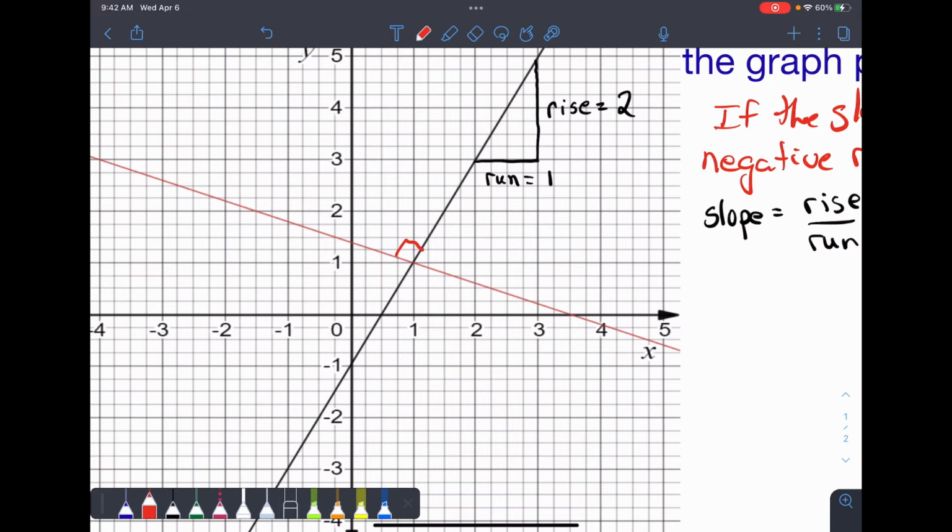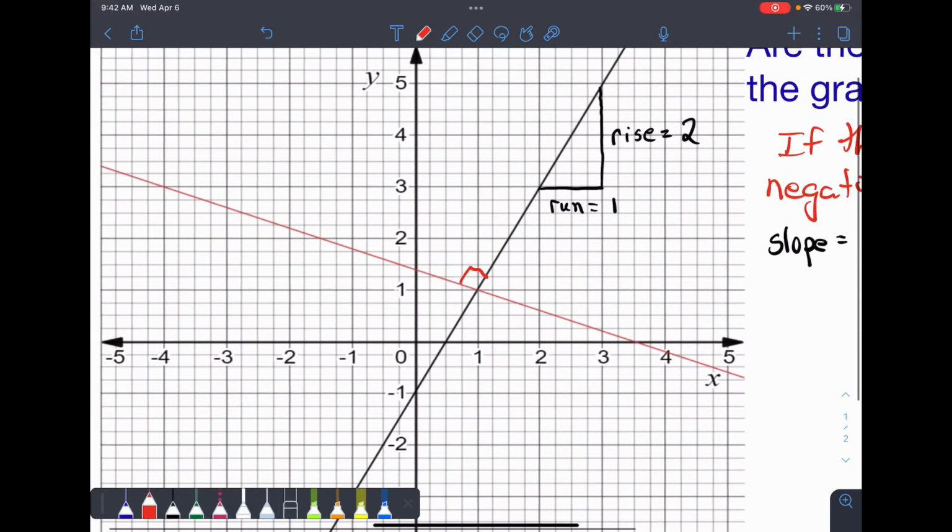Again, I'm going to zoom in here, and let's draw a triangle. I'll draw this one over here to here. Okay. Now this one's going to be a little trickier.